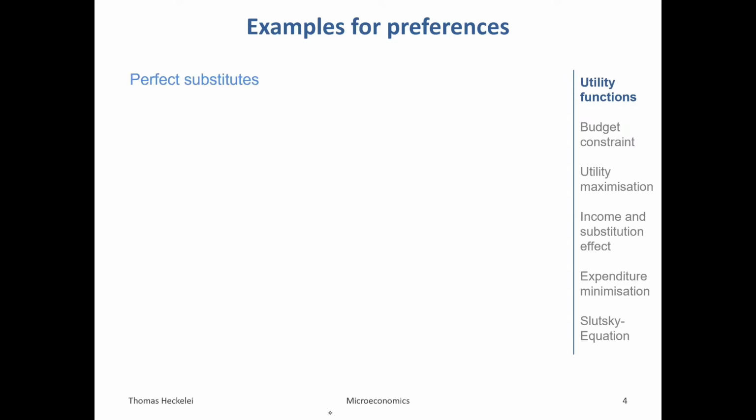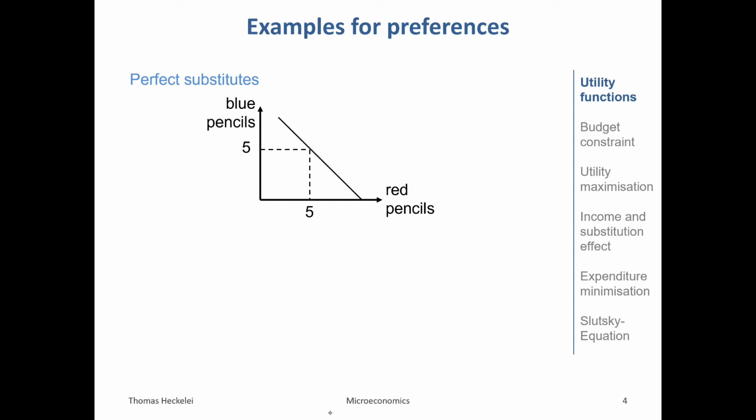The first case is the perfect substitute. What does that mean? Imagine our utility depends on the consumption of both blue and red pencils. Perfect substitute means the indifference curve, the curve which shows the same utility level given different combinations of goods that we consume, will be a line in this case. Let's say we obtain this level of utility by consuming 5 blue and 5 red pencils.